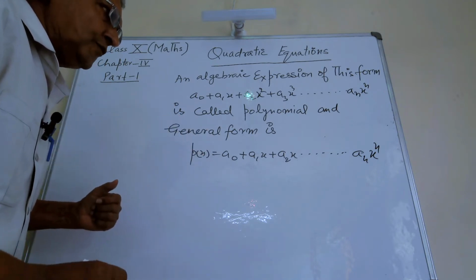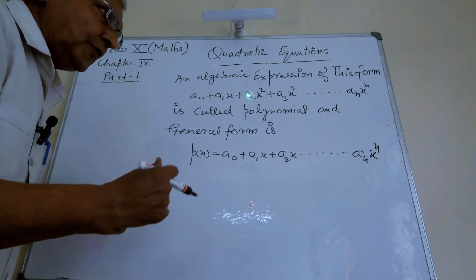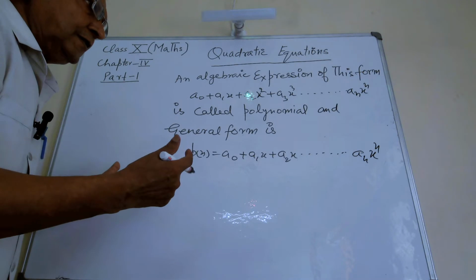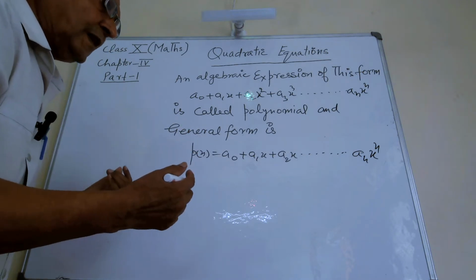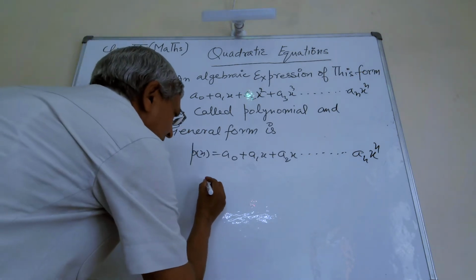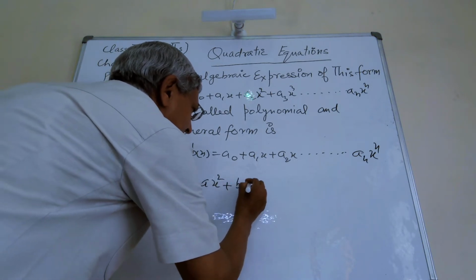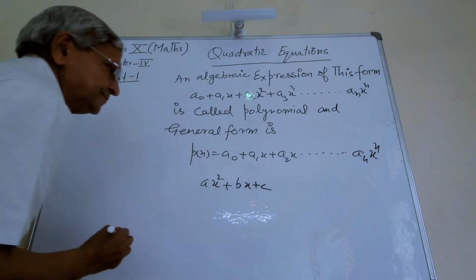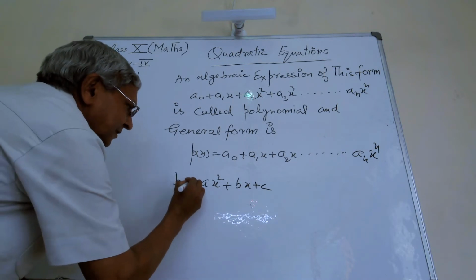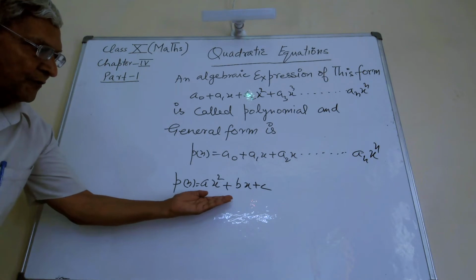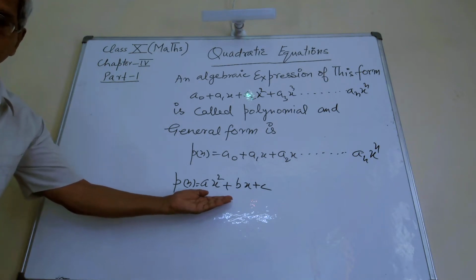Now I am going to teach you the quadratic polynomial. A quadratic polynomial is of degree 2, and the general form of a quadratic polynomial is this, and it can be written as P(x) = ax² + bx + c.